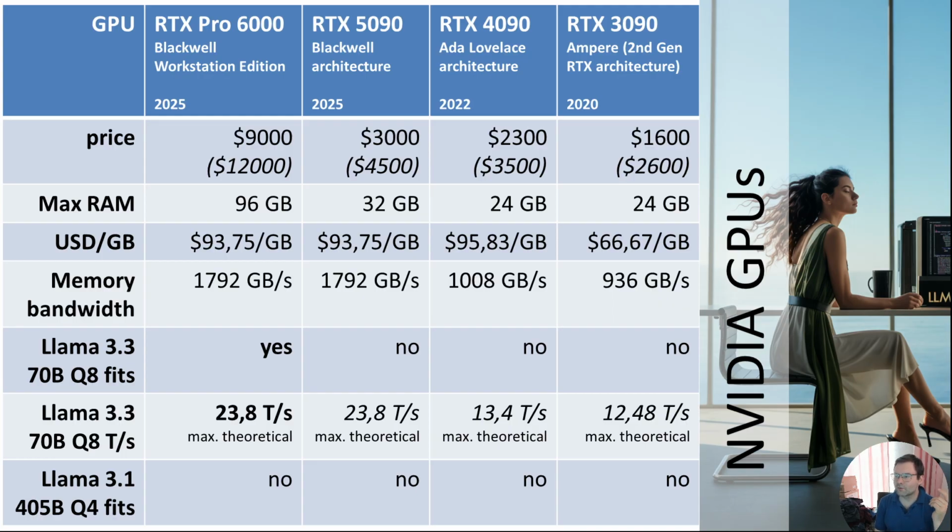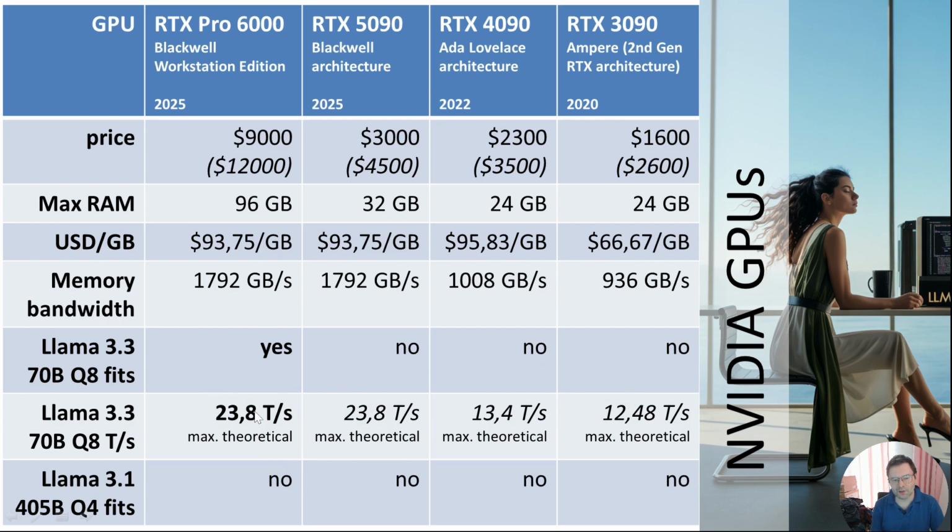The Llama 3.3 70 billion Quant 8 will only fit on the RTX Pro 6000, and that's why I've given 23.8 tokens per second as max theoretical on the RTX Pro 6000 in bold here, and it's italic on the others because these are calculated theoretical values.